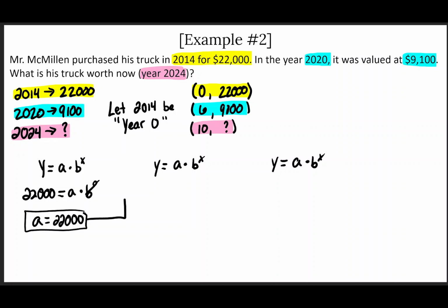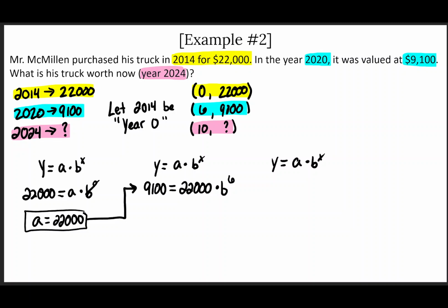Let's plug our A value in for the next function and use the blue ordered pair, 6 and 9,100. 9,100 for Y. A is worth 22,000 times B to the 6 for an exponent. Now these numbers are kind of big, so we have to be careful. I need to get rid of the 22,000, and then eventually I need to take the 6th root and get rid of that exponent.